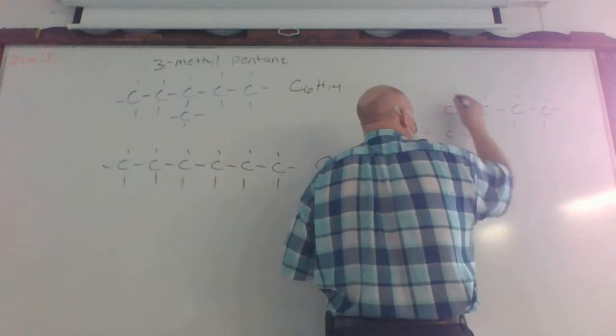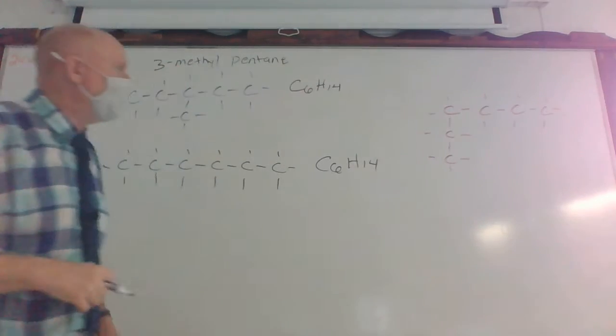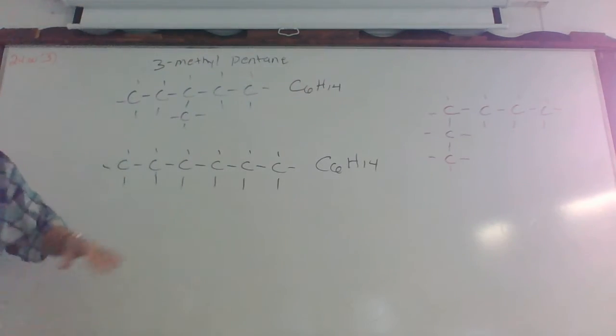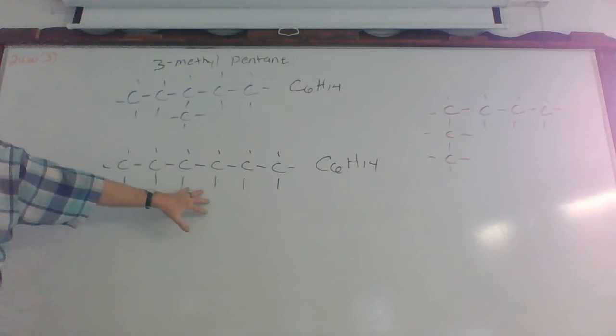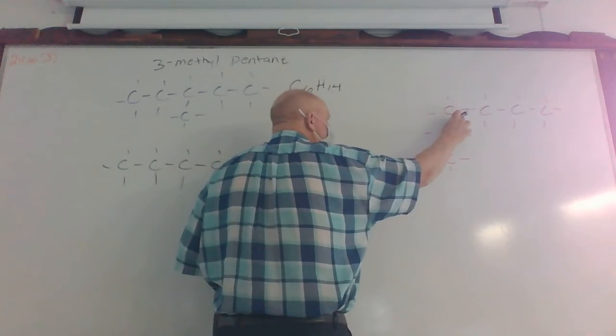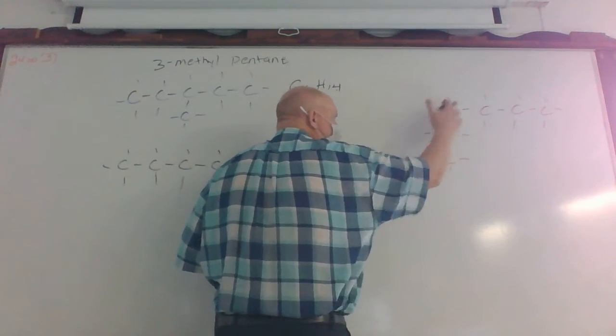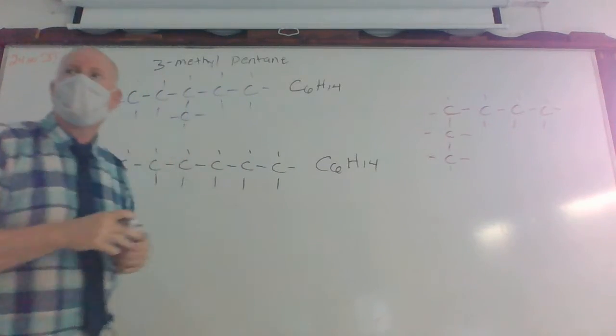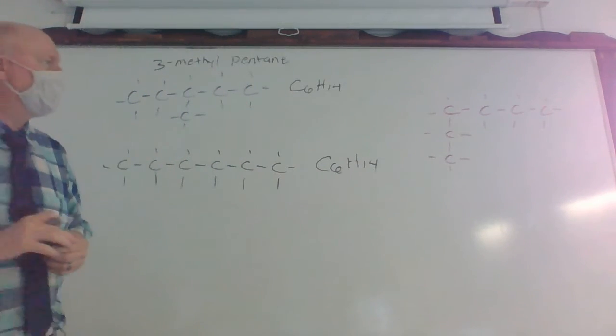Because this is a lot of the mistakes that you were making. Is that an isomer of this? No, it is not. Because this is still what? It's still hexane, because there's nothing branching off of there. Because there's no such thing as one ethyl.